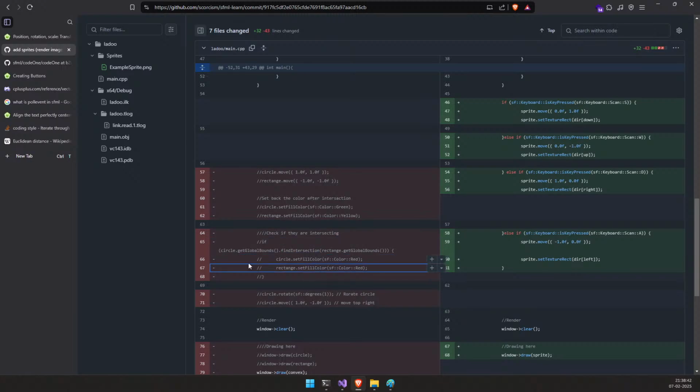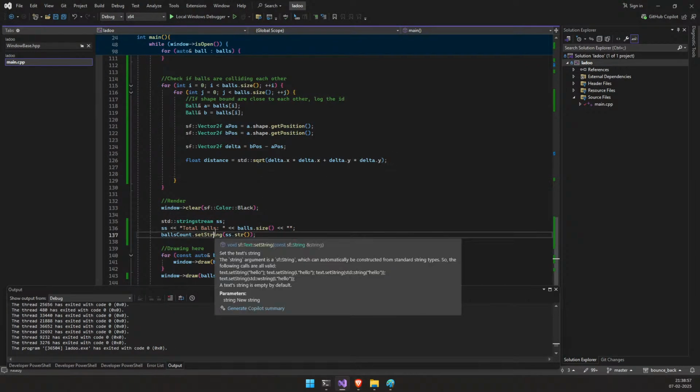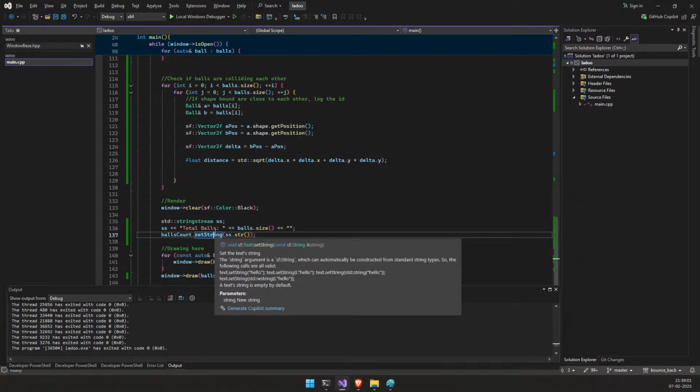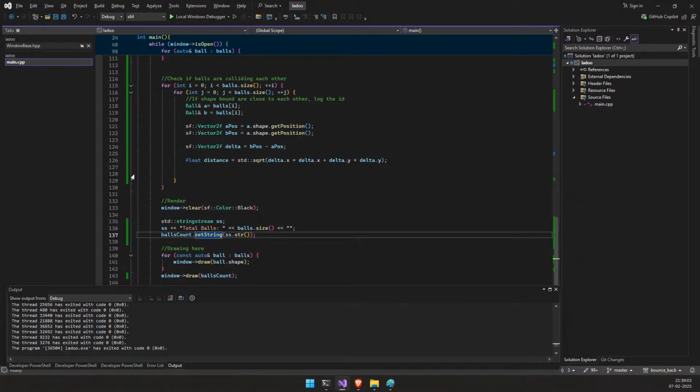Find intersection. Let's see, let's try with this.